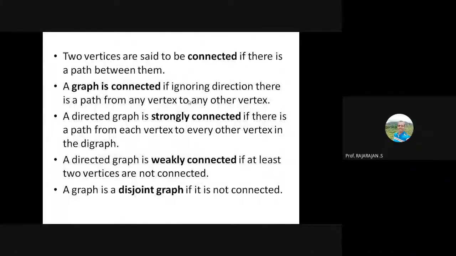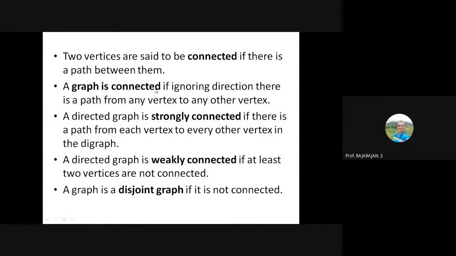Remember, adjacency is different from path. Adjacency is you should have a single edge connecting two vertices. But path means it may be a single edge or it may involve multiple edges. So you just have to be able to reach the destination from the given source. And when there is a path between two vertices, they are said to be connected.